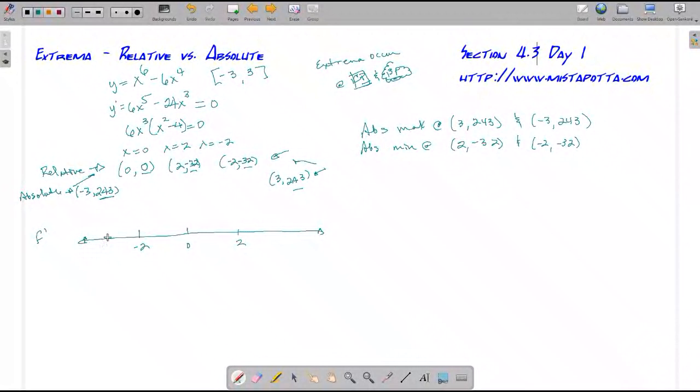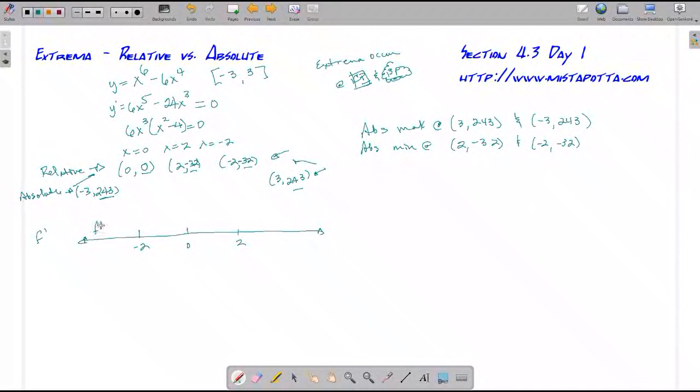Remember, all I care about is the sign. If I take a negative value in cubic, I'm going to get negative. But if I square a negative that's smaller than negative 2, I end up with the perfect square that's larger than 4. And so this ends up being positive. This product is negative, and a negative times a positive is negative.